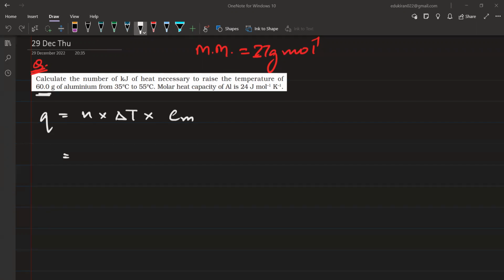Units, Heba, units. Unit क्या होगा? Also write the units, है ना? Units मत भूलिएगा.